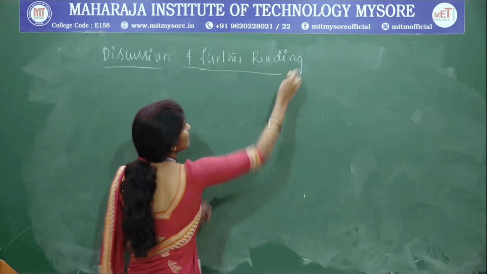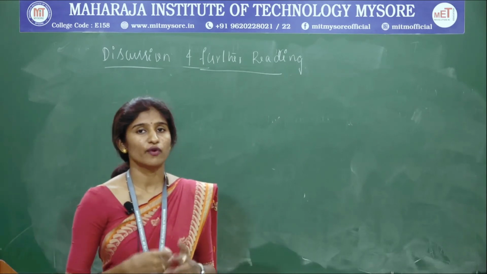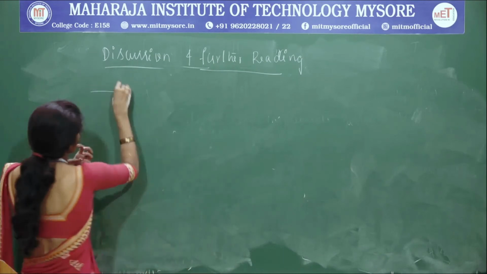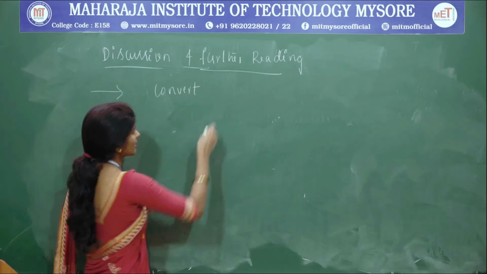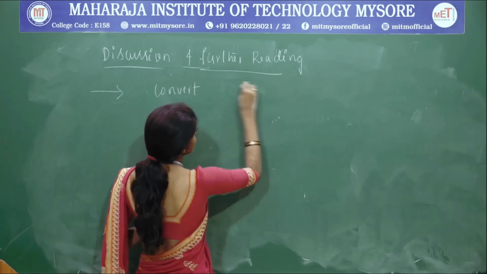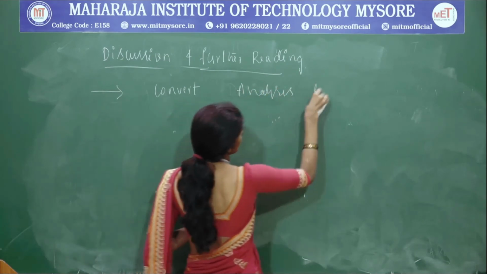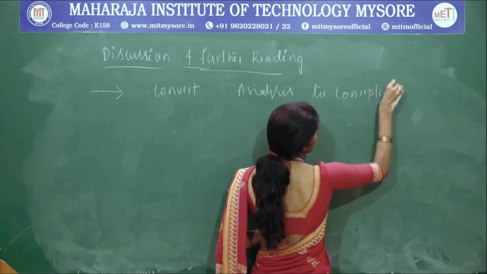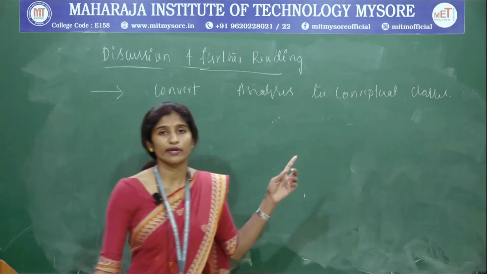Here he has given the complete summary of module 2, what we have done till now. Very first, we started with the analysis only, analysis to conceptual classes, right? That is the thing we have done.